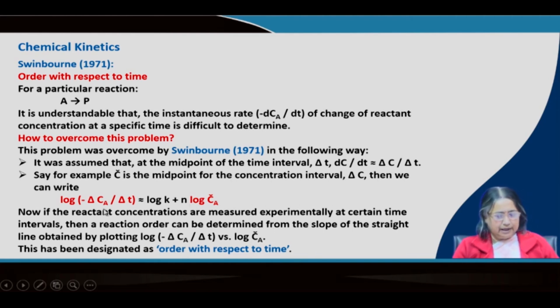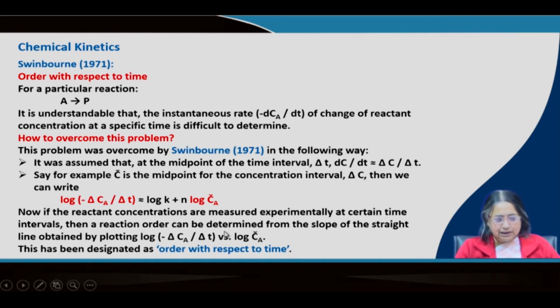Now, how will the experiment be? You do some reaction, and the reactant concentrations are measured experimentally at different time intervals. I will show an example, then it will be more clear. This is easy.